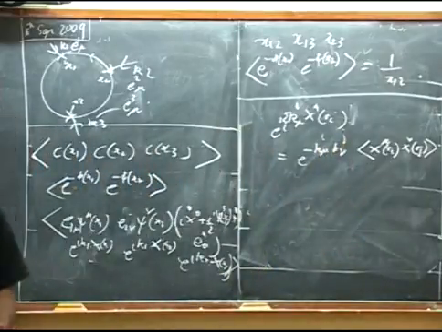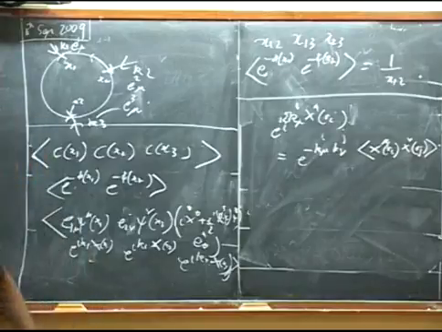And we don't allow i to be equal to j because the operators that are inserted in this thing are all valid.